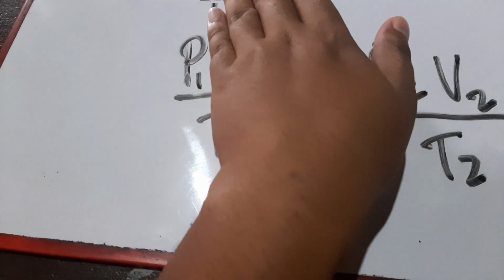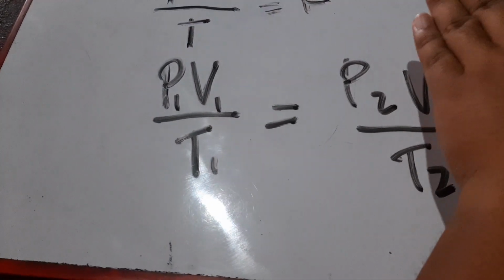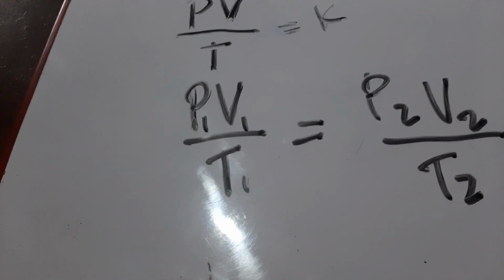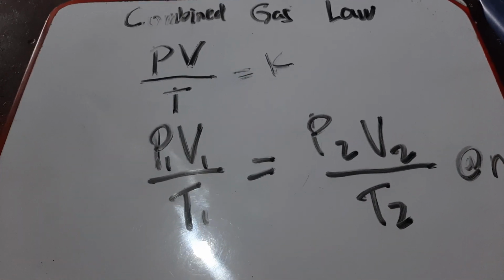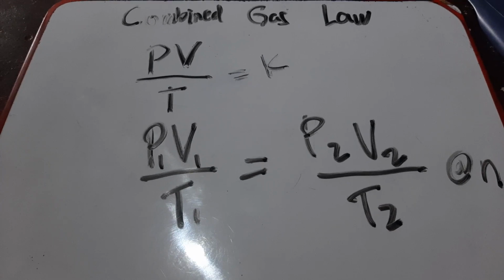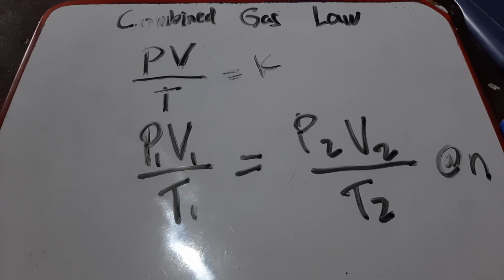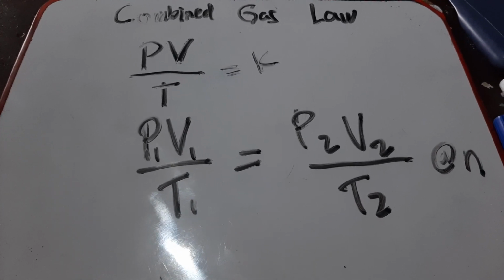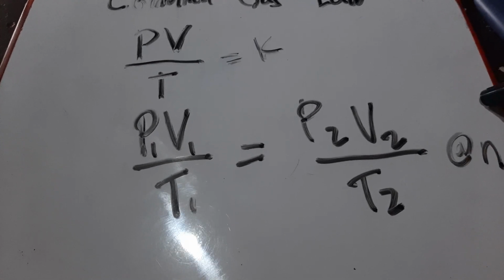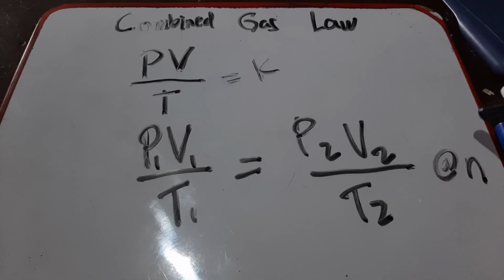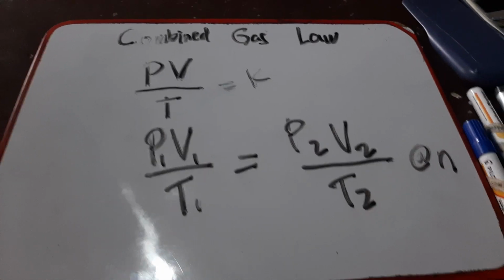And if I cover the volume, I have Gay-Lussac's law. So it does not contradict any of the three single equations that we have discussed a while ago. And that's why this discovery is a milestone for the scientists, combining the three different gas laws.